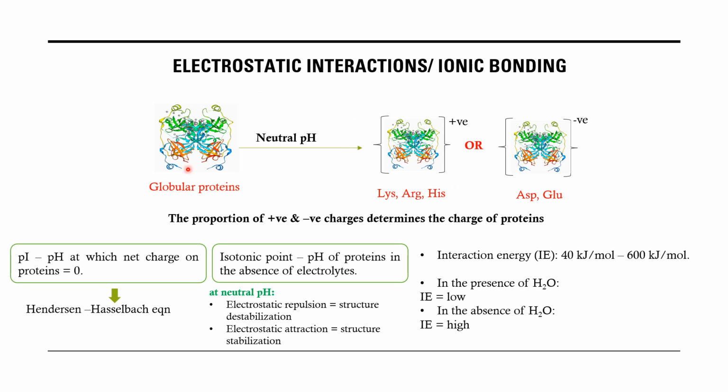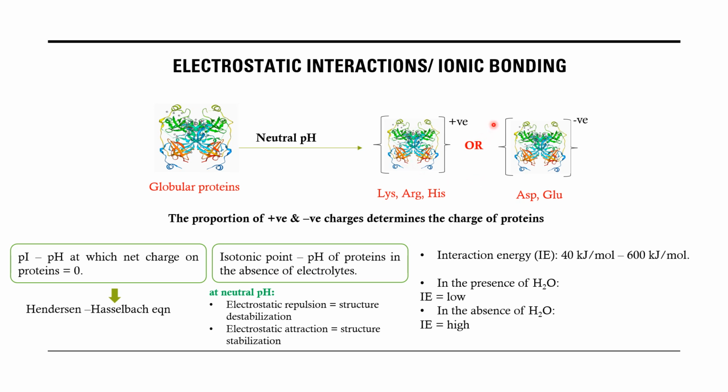So, consider the situation of a globular protein placed in neutral pH. If the proportion of positive amino acids like lysine, arginine, and histidine is high, then the net charge of the protein at neutral pH is going to be positive.